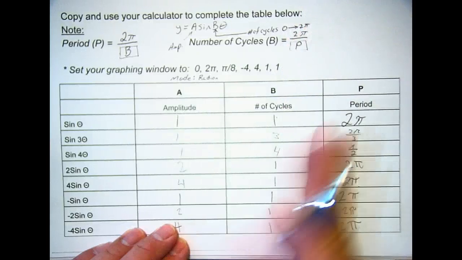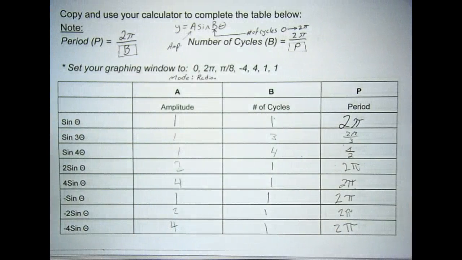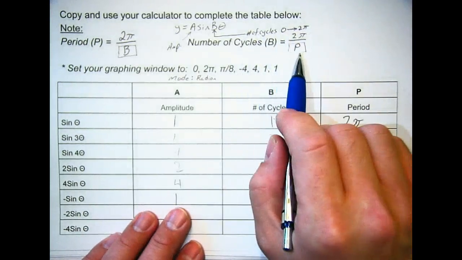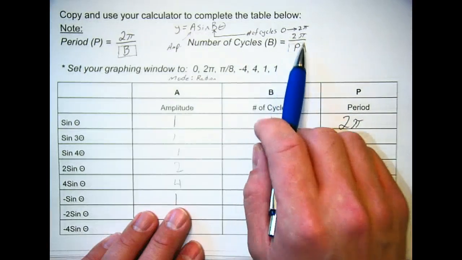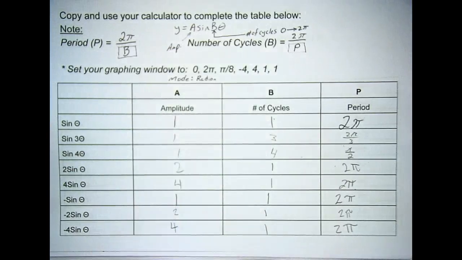It's not the number of cycles that you see because your graph may go out to 8 pi. It's the number of cycles there are between 0 and 2 pi. So that's why we find B by dividing 2 pi by the period, by the length of one of those cycles. We're going to see that here in a minute when we graph.